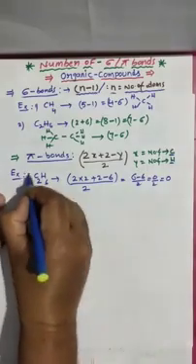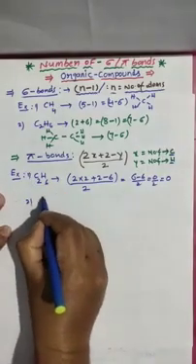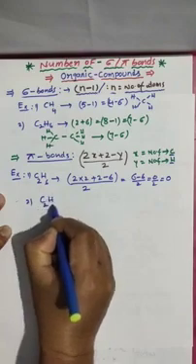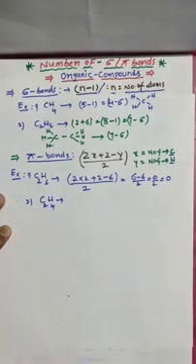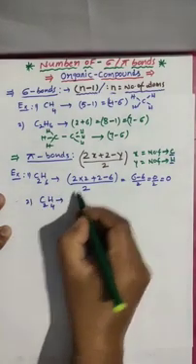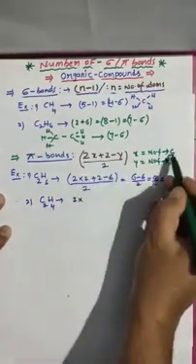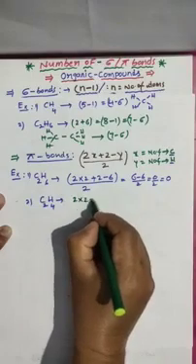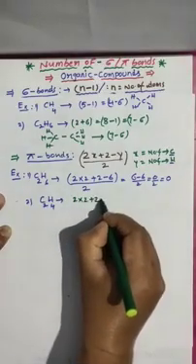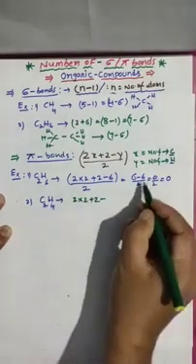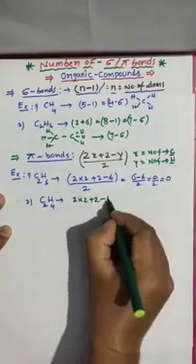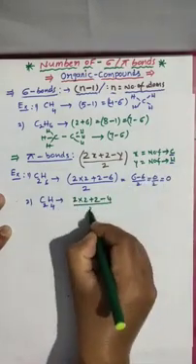Clear? Now I am taking another molecule, C2H4. Now come to the formula, 2 into x. X is nothing but carbon atoms. 2 plus 2 minus y. Y is nothing but hydrogen atoms. 4 hydrogens are there, upon 2.